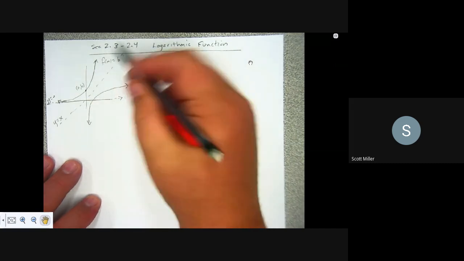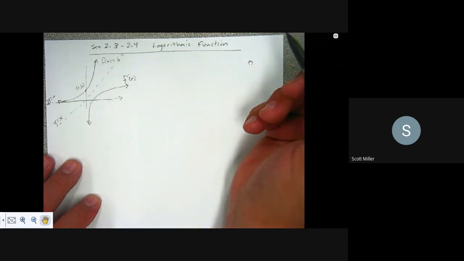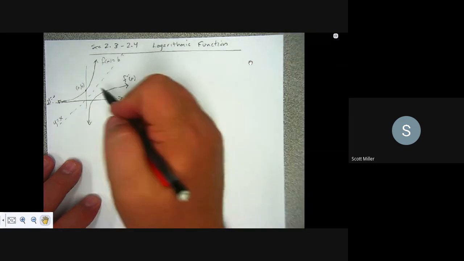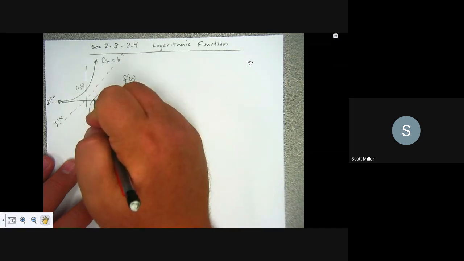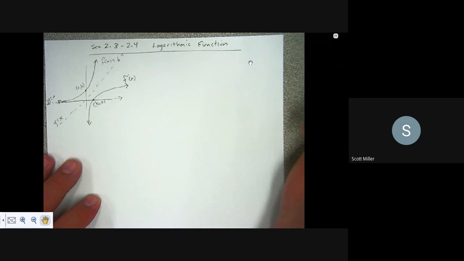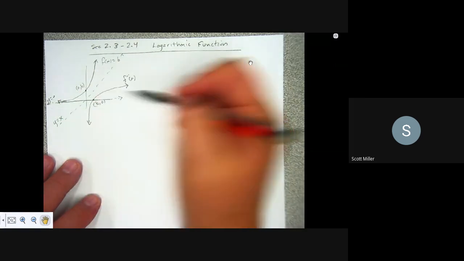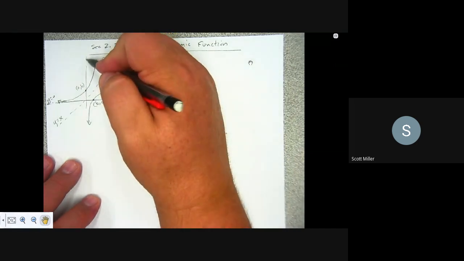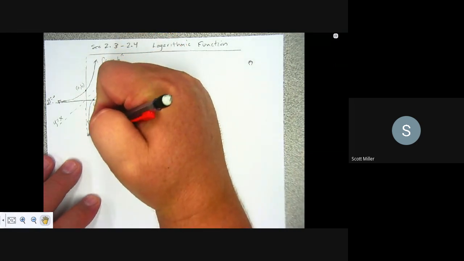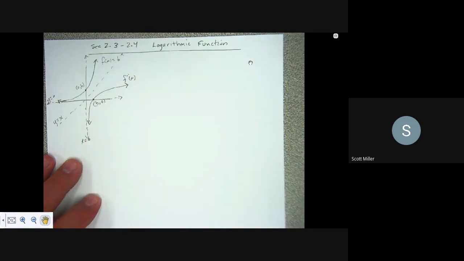It will be the inverse of this, so it will be f inverse. And we also know from inverses that if this point is on this curve, then the point (b, 0) is on that curve. The exponentials all have a horizontal asymptote, so all of their inverses will have a vertical asymptote at x equals 0.